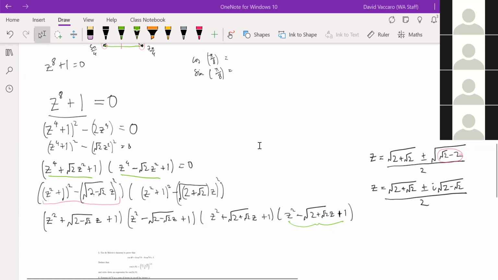Those roots give you precise expressions for cos pi over 8 and sine pi over 8, and then subsequent roots differing by a quarter pi.